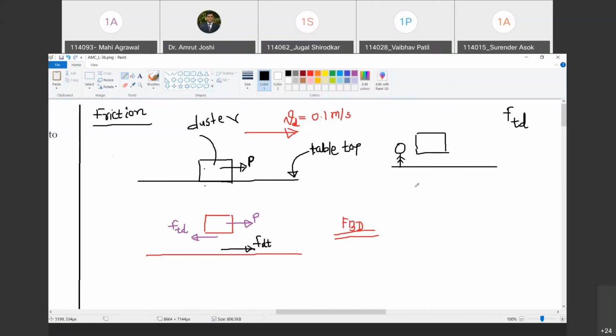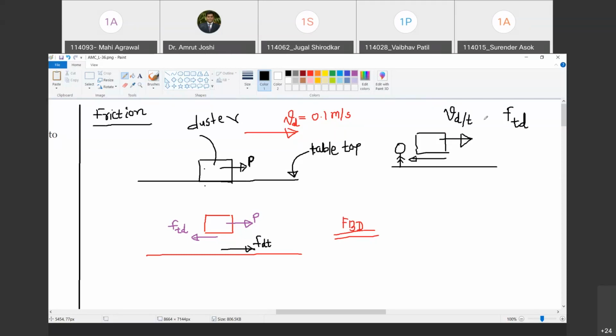Yes, sir. And in this particular case, as the table is at rest, what is the relative velocity of the duster with reference to the table? Tell me. It is towards the right. Happy? Yes, sir. And therefore the table is going to oppose that motion, and the table is going to apply frictional force in the opposite direction. Are you with me? Yes, sir. Opposite to what? The relative velocity of the duster with reference to the table. This is how we write it.